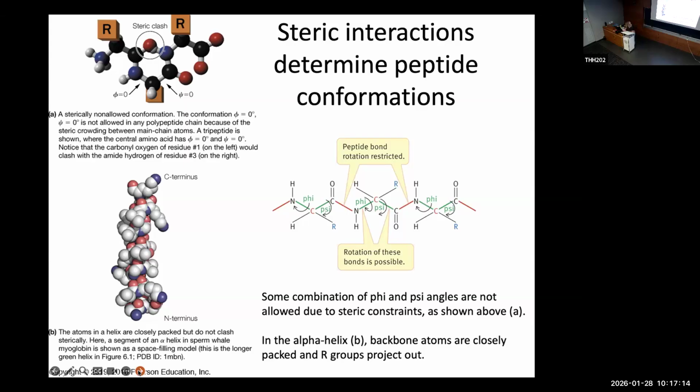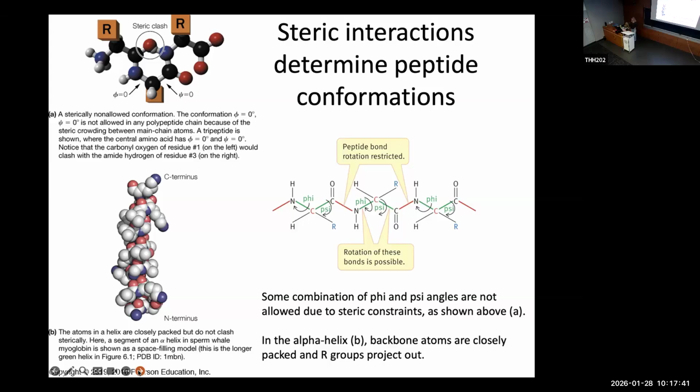Theoretically, those can rotate a full 360 degrees. Whether they do that or not is going to depend on all of the atoms connected onto those chains and whether they're interacting with each other in space. You can have steric clashes if they're at angles of rotation that cause that problem.